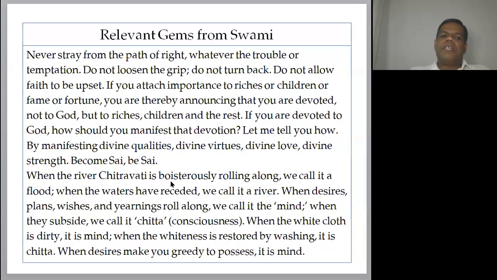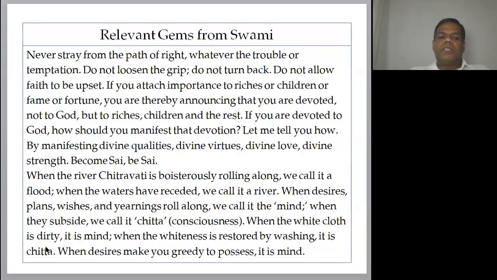When the river Chitravati is boisterously rolling along, we call it a flood. When the waters have receded, we call it a river. When desires, plans, wishes, and yearnings roll along, we call it the mind. When they subside, we call it Chitta, consciousness.